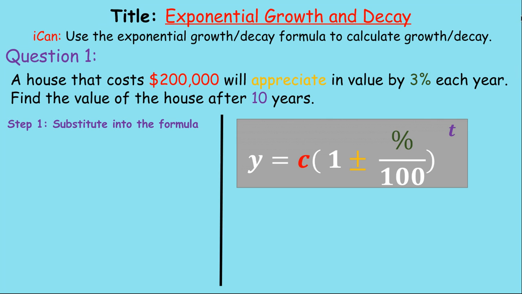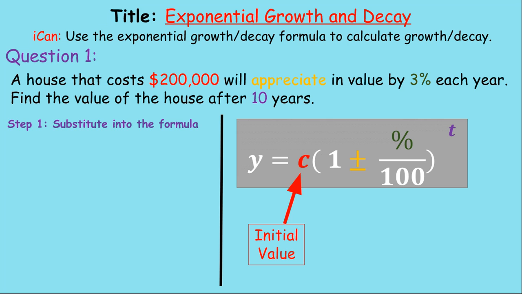Now, you probably don't know what the letters mean, but we can work out what they are. C is the initial value, the initial price of the house. It's always got a parentheses and the 1, and then a plus or minus.